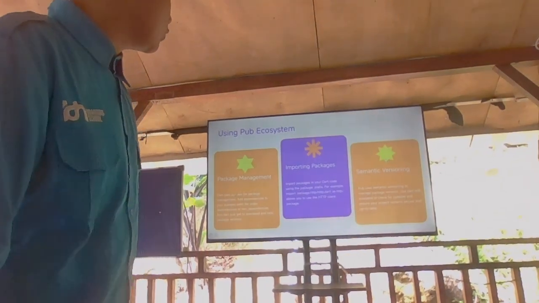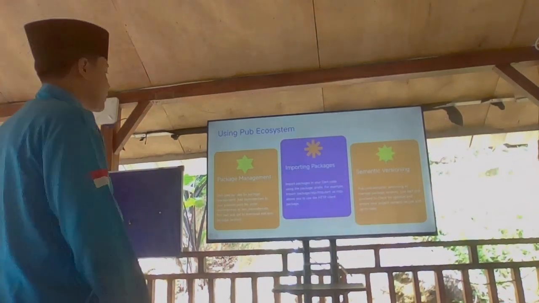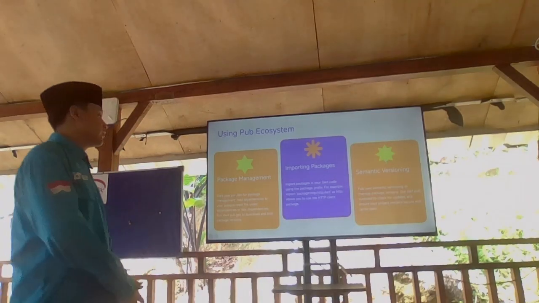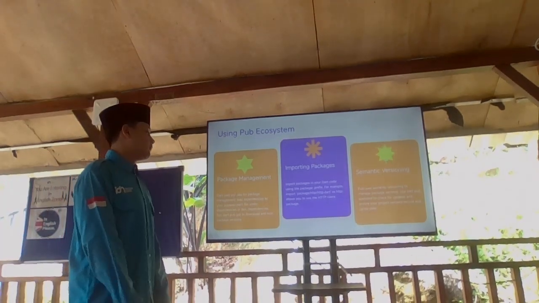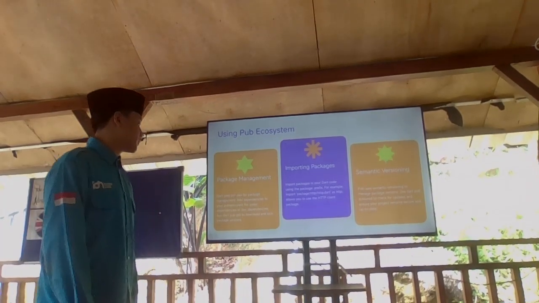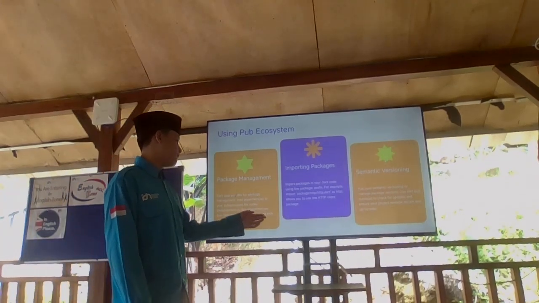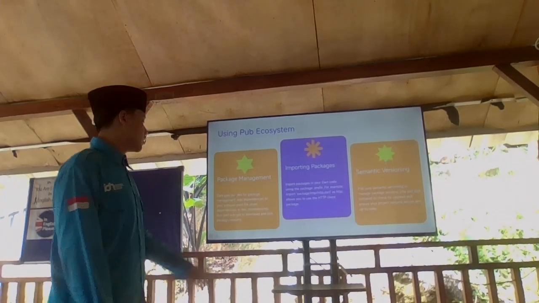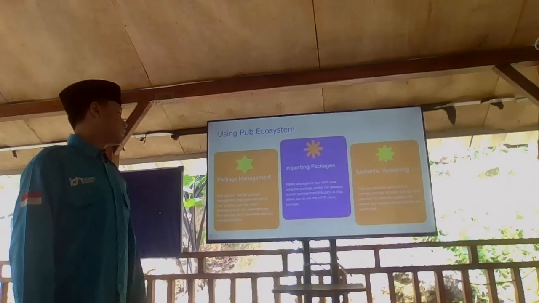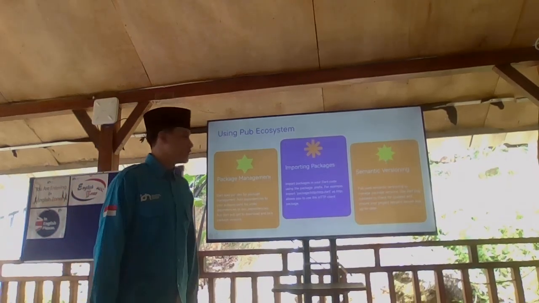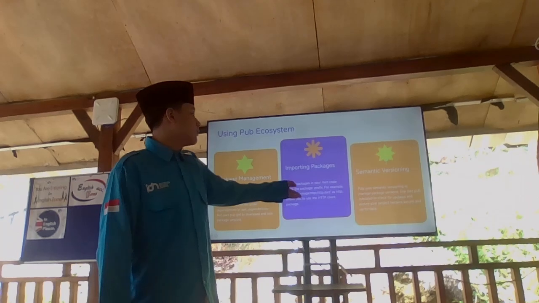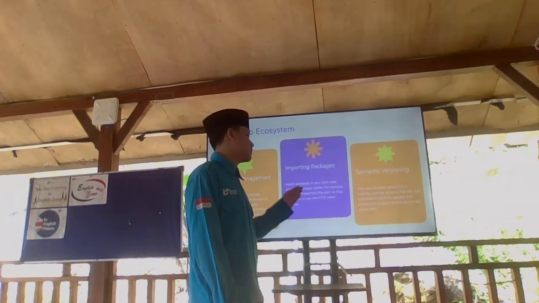Next, using the pub ecosystem. Package management: Dart uses pub.dev for package management. Add dependencies to your pubspec.yaml file under dependencies or dev_dependencies. Run dart pub get to download and lock package versions. Importing packages: import packages in your Dart code using the package prefix.